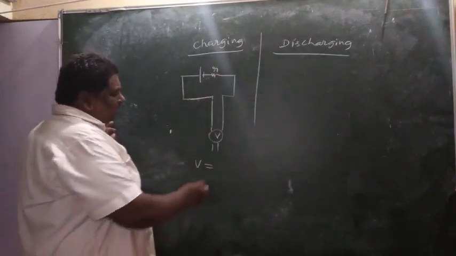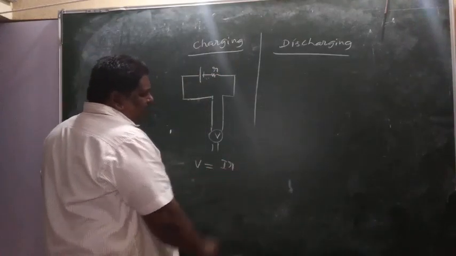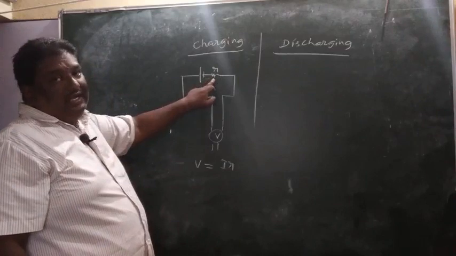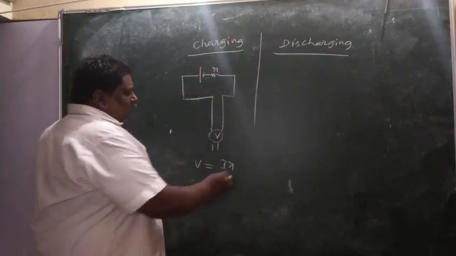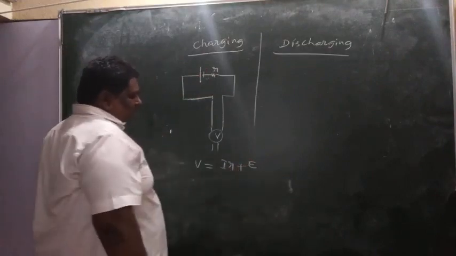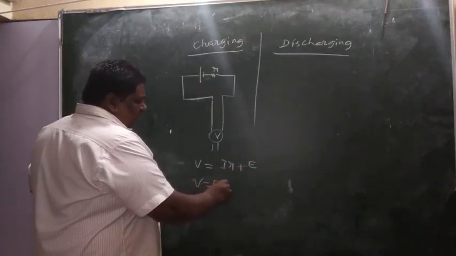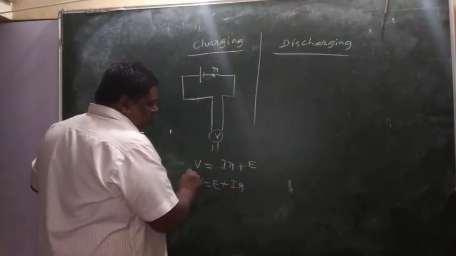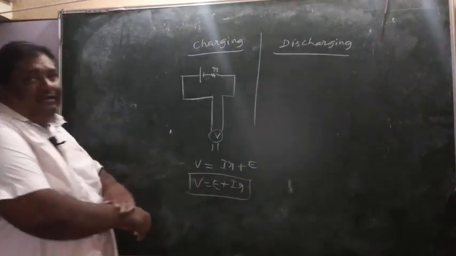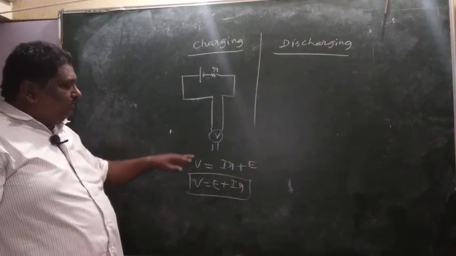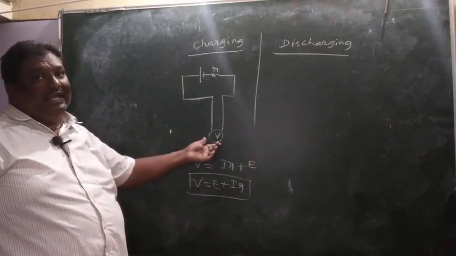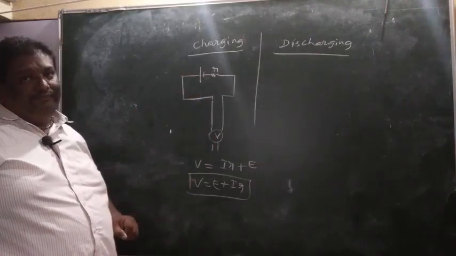What is that value? IR is lost here. Then the remaining voltage is stored in the battery. That is equal to E. So V is equal to E plus IR. This is the formula.